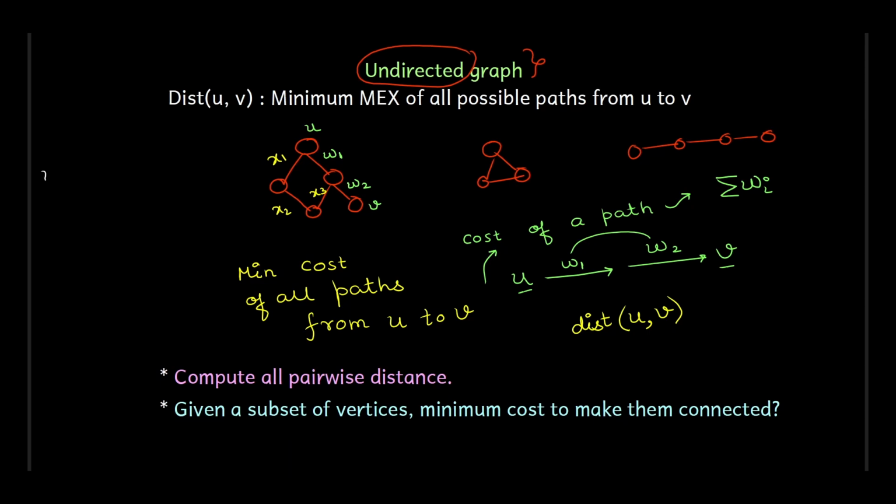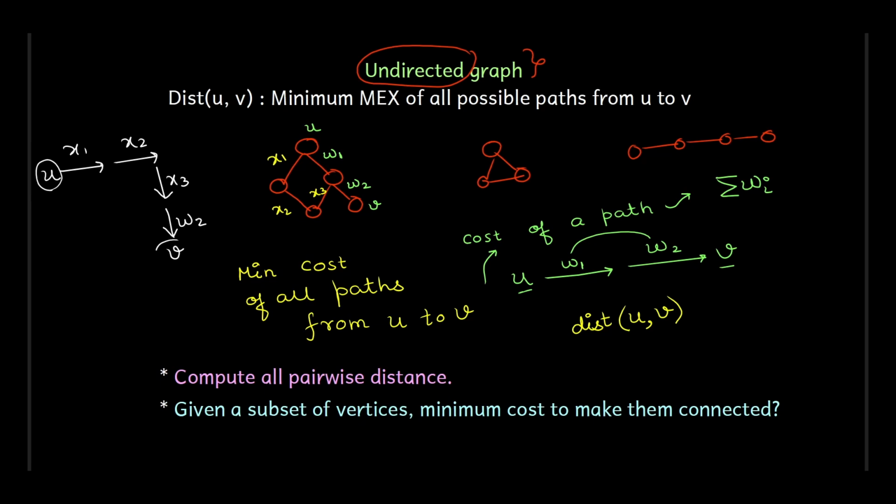So that path starts from U, encounters x1, x2, x3, and then encounters W2, and then finally meets V. So this is another path.